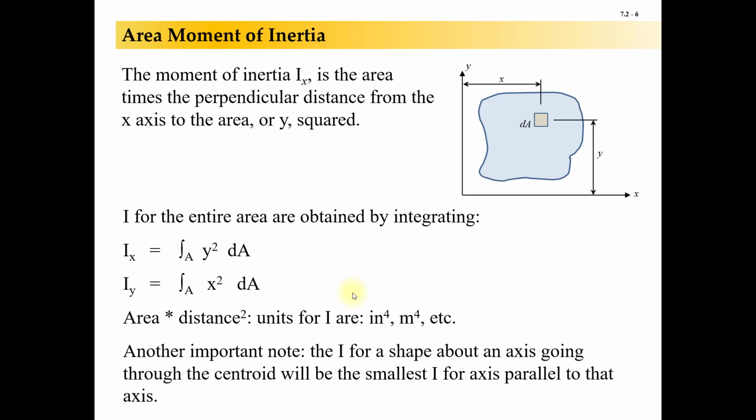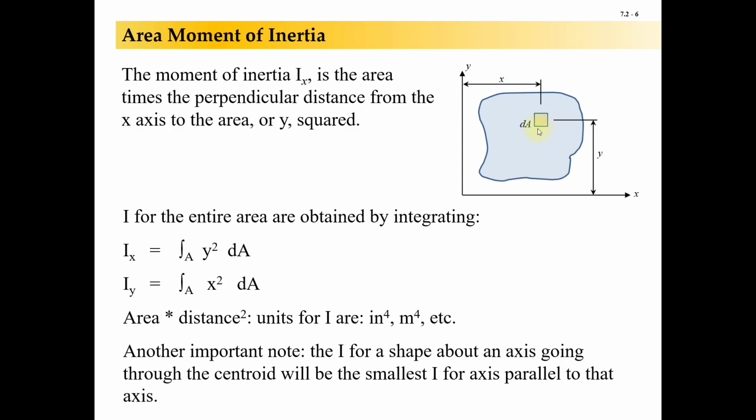Another important note, the I for a shape about an axis going through the centroid of that shape will be the smallest moment of inertia for any axis parallel to that axis. Okay, so the x-axis that we're seeing here, if we move this x-axis up and somehow got to the centroid, which is probably right up here somewhere, right?